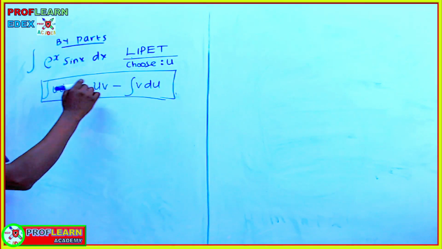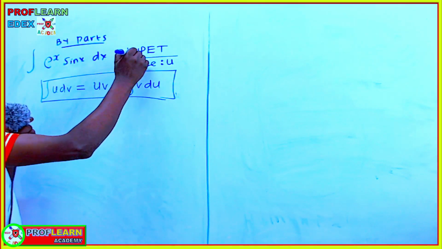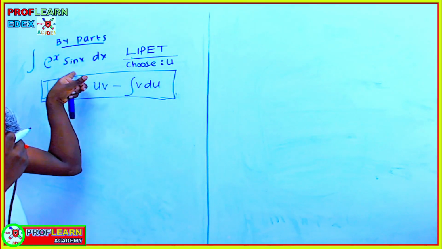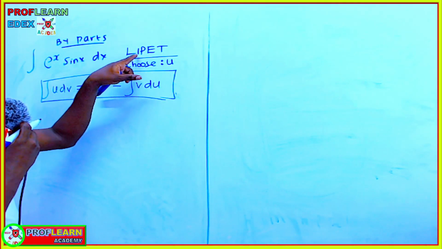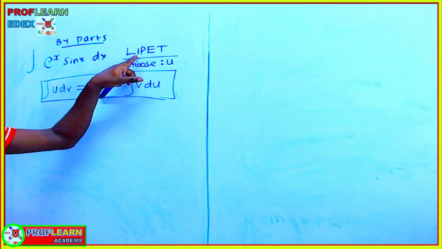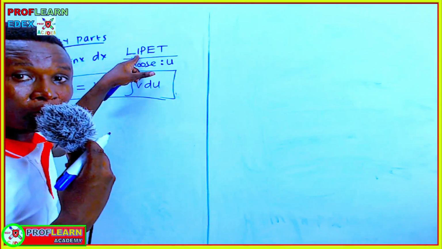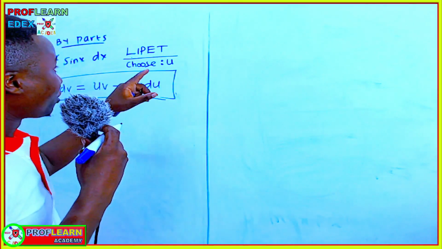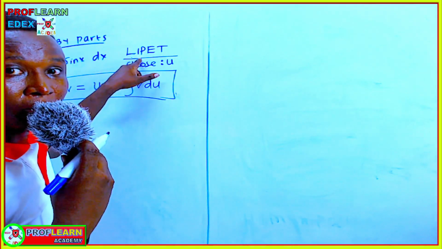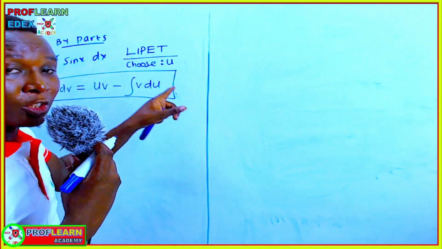So according to LIPET, if a natural log is in this expression, it is going to be your u. If it's not there, you check, do you have inverse trigonometric functions? If they are there, you take them as u. If you don't have those, you check, do you have a polynomial? If a polynomial is there, it's going to be your u.